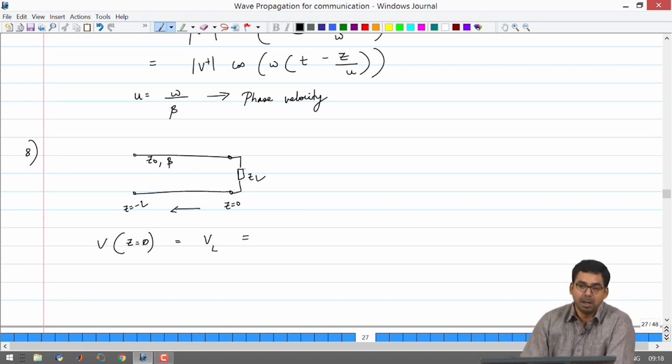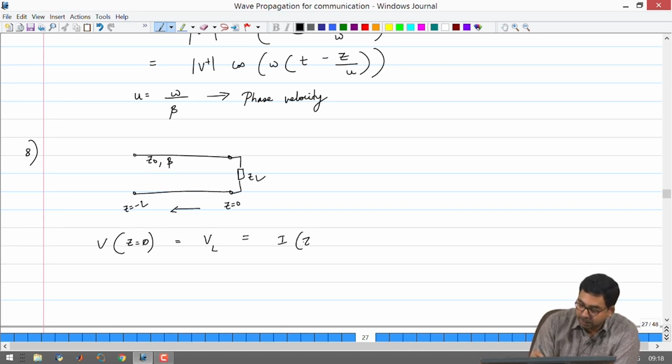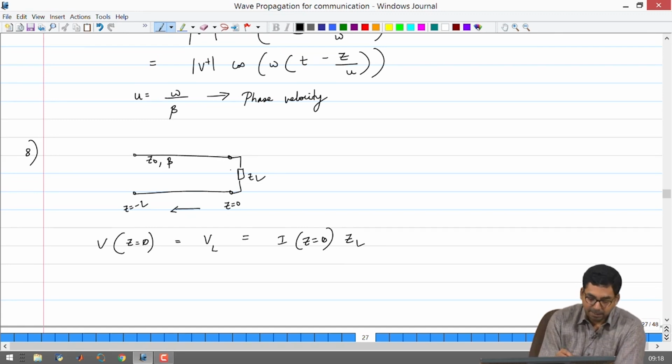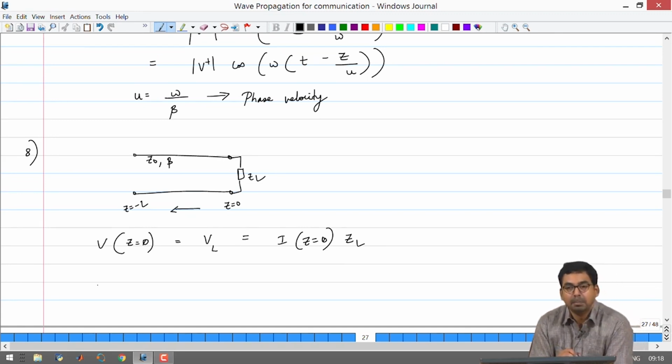So, we are applying Ohm's law at the load end, V is equal to I times Z. Okay. So, it is going to be I at Z equal to 0 multiplied with ZL. Okay. And at the position Z equal to 0, you will be having a forward and a backward wave.